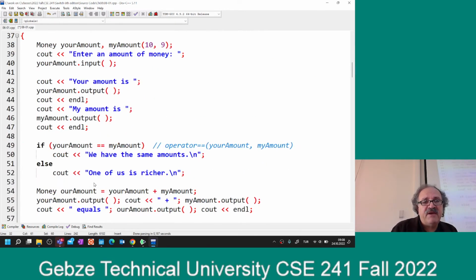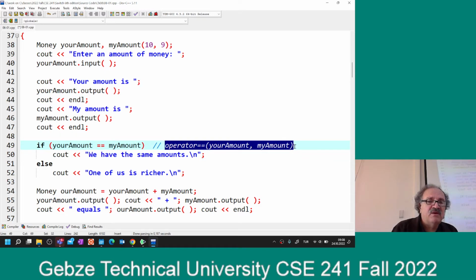In fact, whenever the compiler sees such an infix notation, it makes this call: operator equals with your amount and my amount. And that's the basic rule of operator overloading.